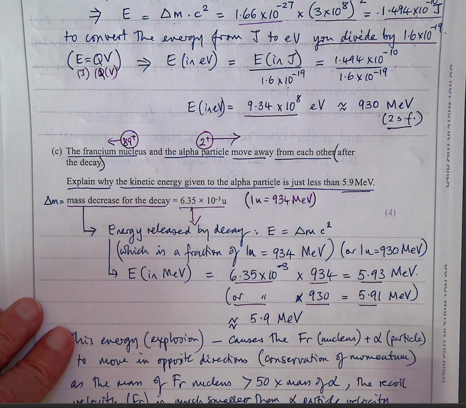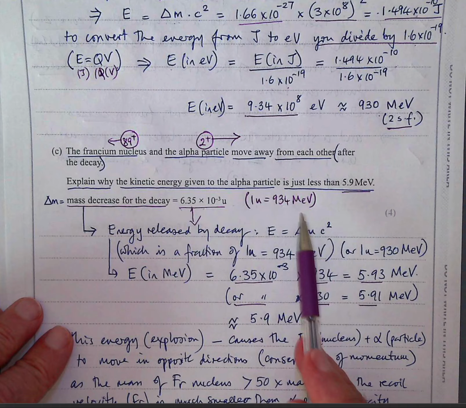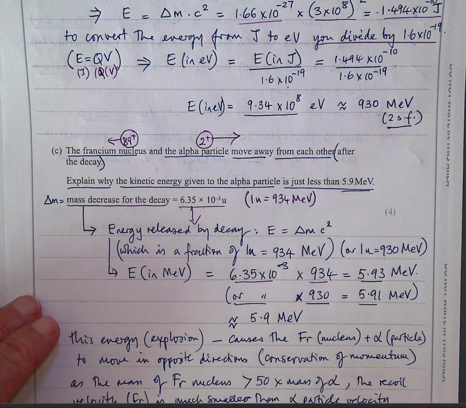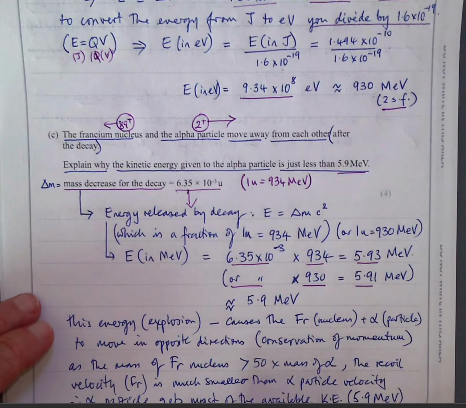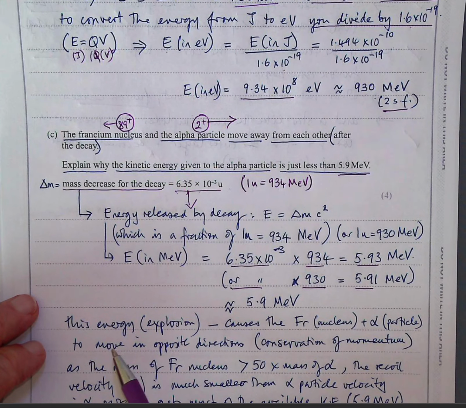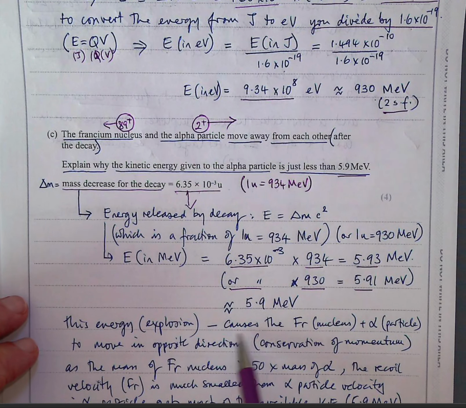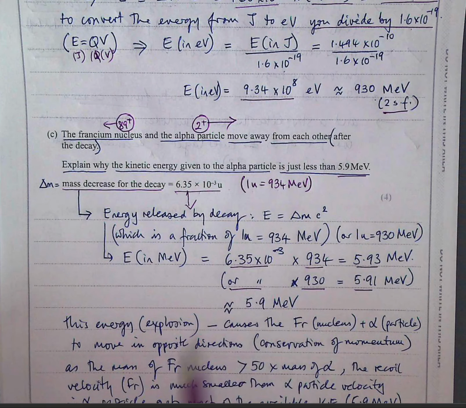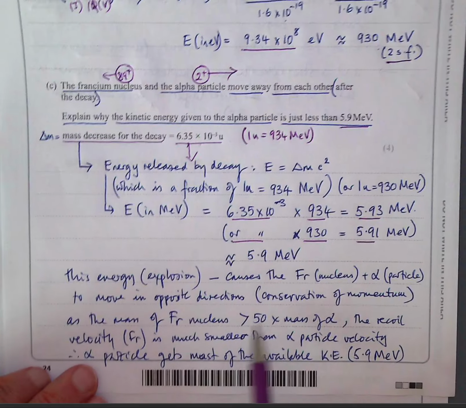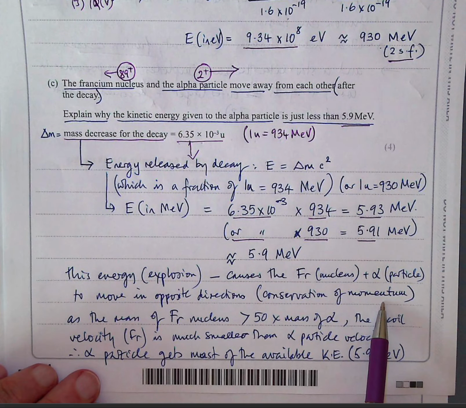So why is the kinetic energy given to the alpha particle less than 5.9 megaelectron volts? Well, this energy in the explosion causes the francium nucleus and the alpha particle to move in opposite directions due to the conservation of momentum, which I explained before.